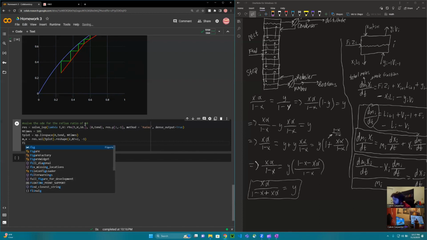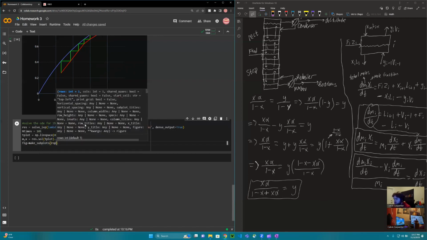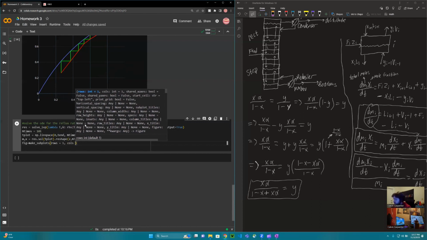Fig equals make_subplots, rows equals 1, cols equals 2.